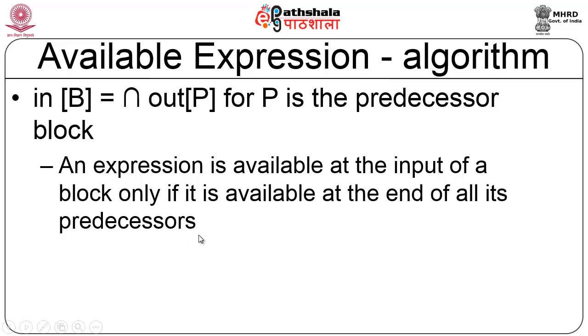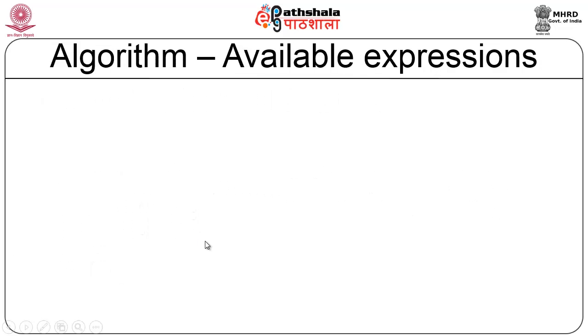So, supposing the same thing is computed at multiple positions and that gets input to a particular block, we say that that expression is available for this block only if it is available at the end of all of its predecessors. The assumption here is in of B1 is equal to null, again the same thing which we have already done.